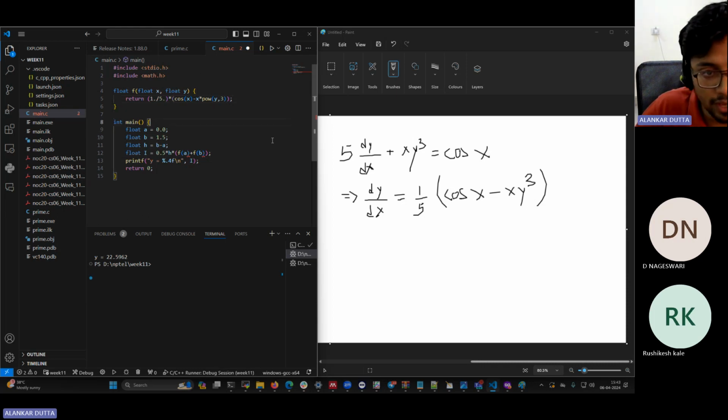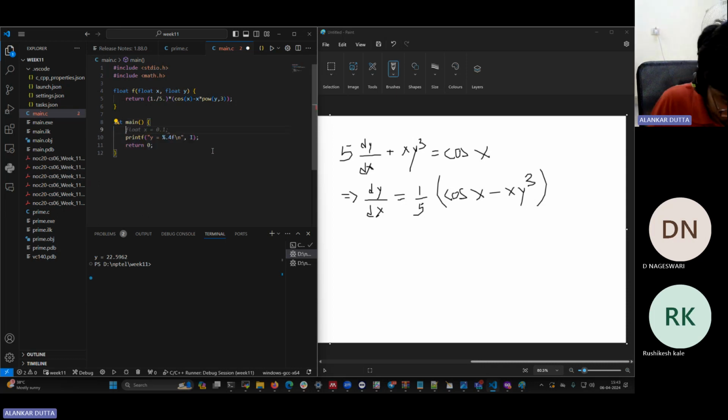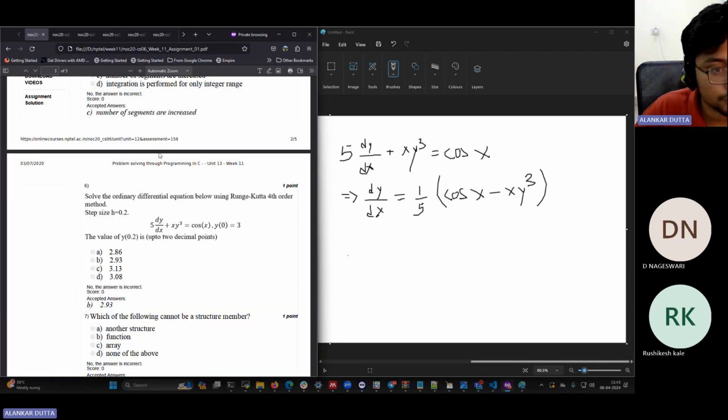So here we have defined f, and now let's find out y0, right? So h is, let's see, I have forgotten. Go back to the question.